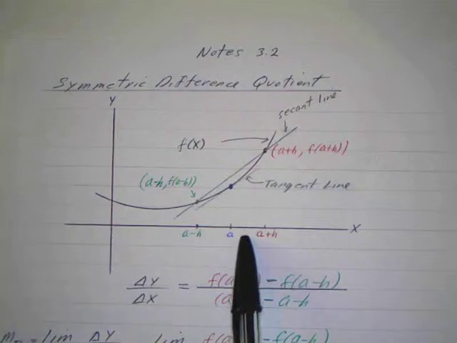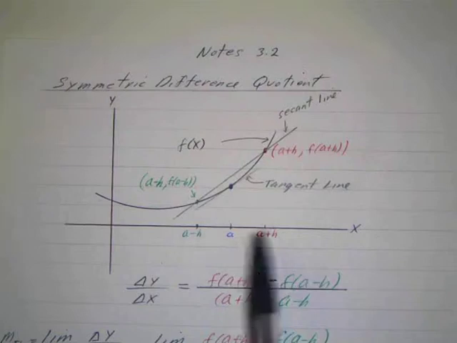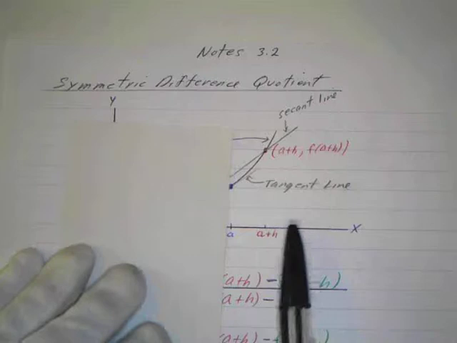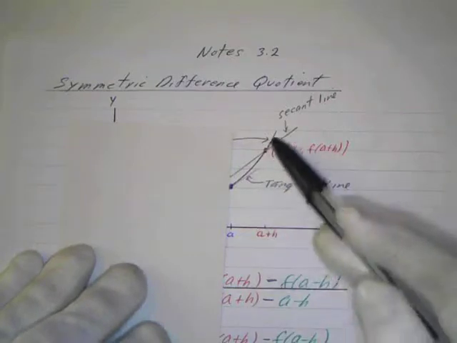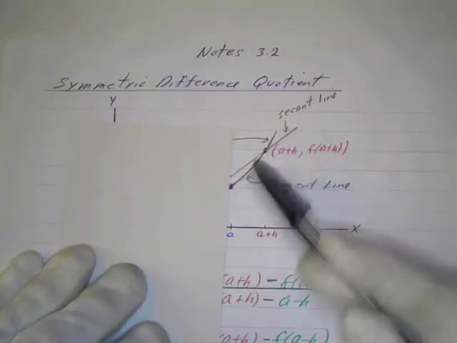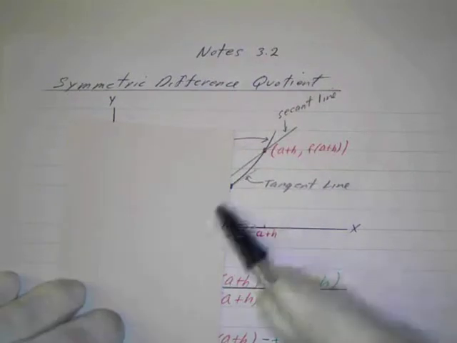So rather than approaching from just one side, our original definition, we just approached from one side, and we're looking at the secant line, which goes from here to here. And then as we get closer and closer, that line approaches the tangent line.